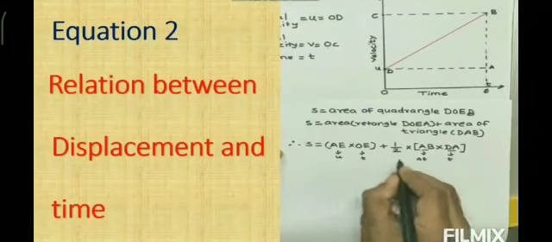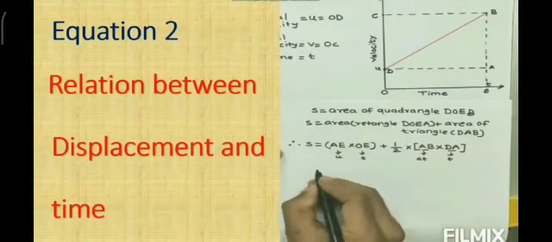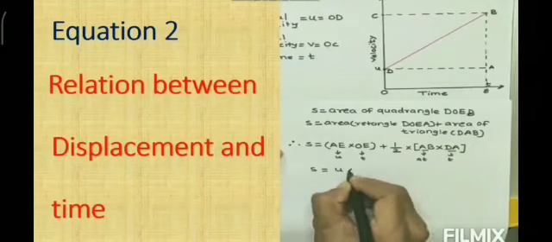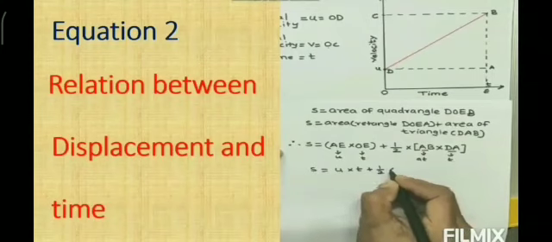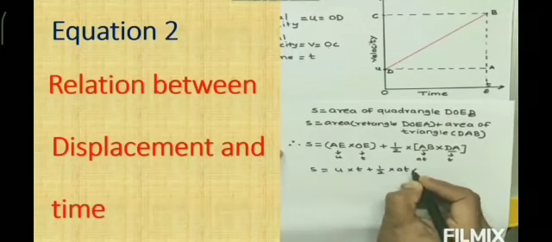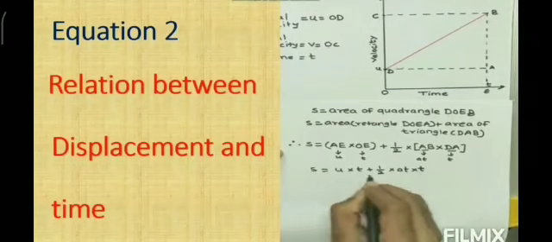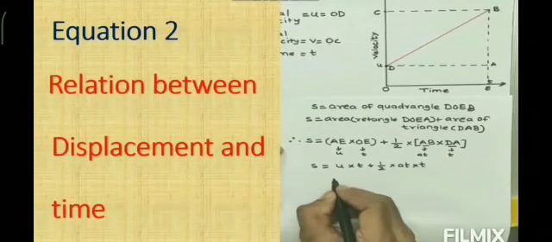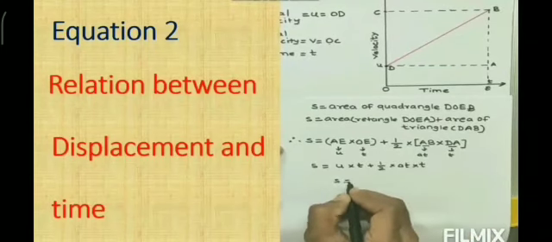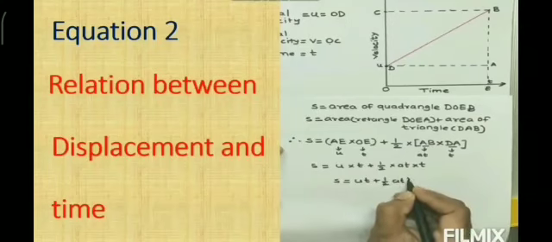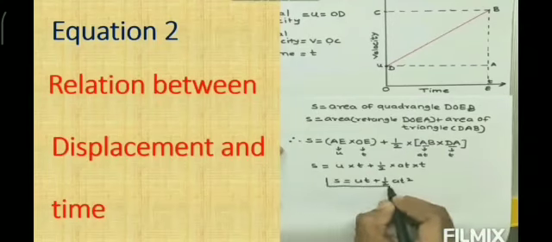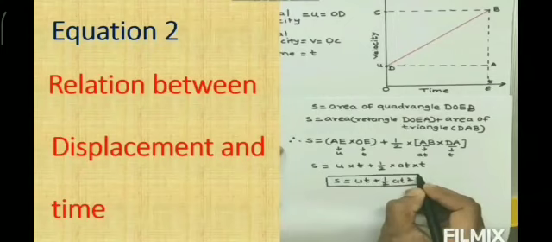Now putting all these values in the equation, we get S is equal to U into T plus half into AT into T. When we simplify this equation, we get S is equal to UT plus half AT square. This is the second equation of motion.